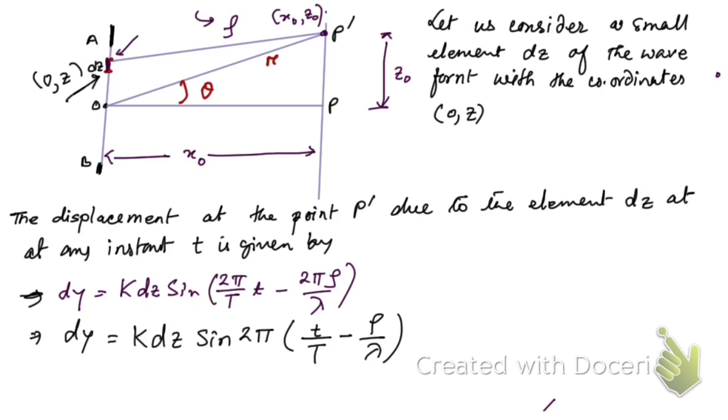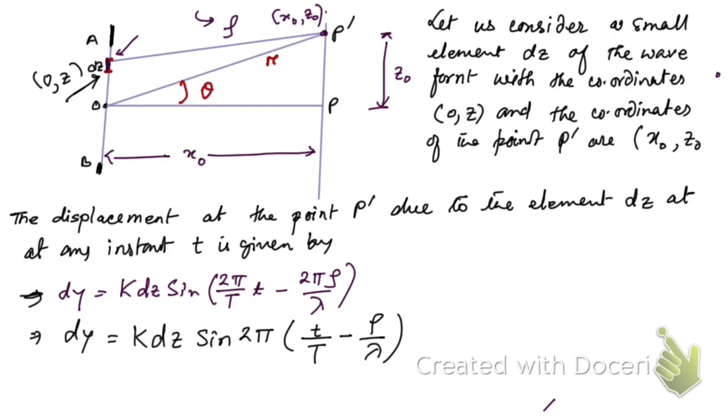I am talking about this element, right? And the coordinates of the point P dash are x naught comma z naught, this point. Here you can see. Okay, then write this part, and this diagram must be drawn.